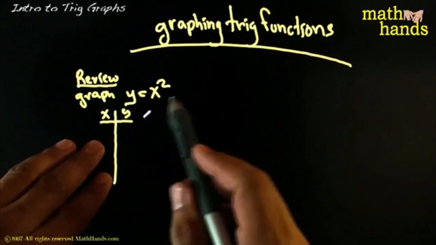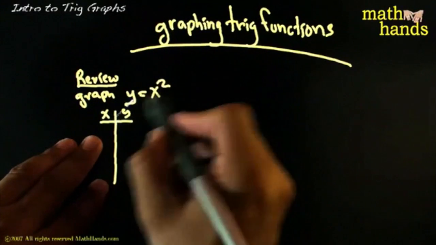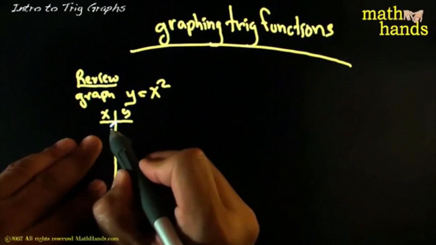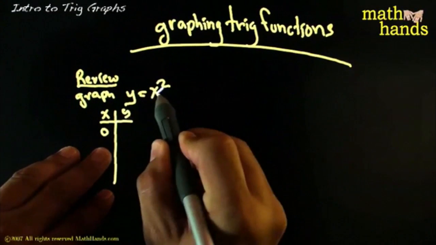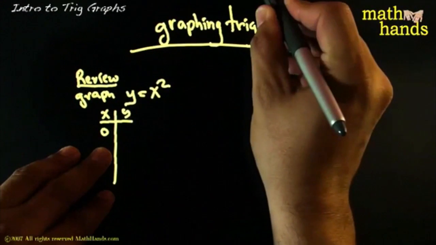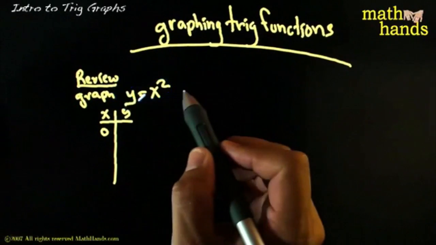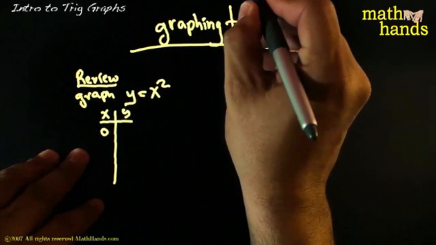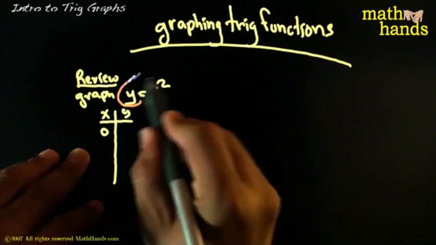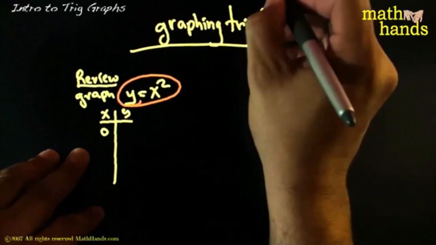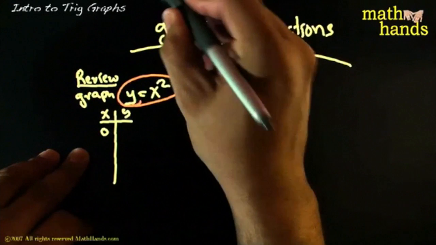That means you make a little chart here and you pick various values for x. For example, if x is 0, you plug it into this equation, and when you do that, you should get a corresponding y value.